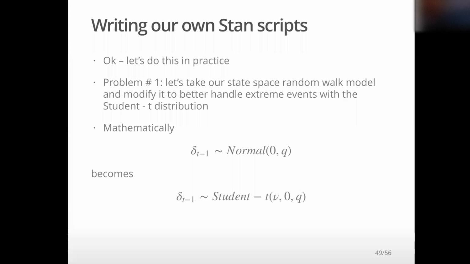In this case, we've developed a model in that ATSA package that I talked about on Tuesday. That's a state-space random walk model. It doesn't have drift, and it assumes that the deviations at each time step, our process error deviations, are normally distributed. And I just want to modify that so that, thinking about extreme events, instead of making those process deviations normal, what if we change those to be student T?